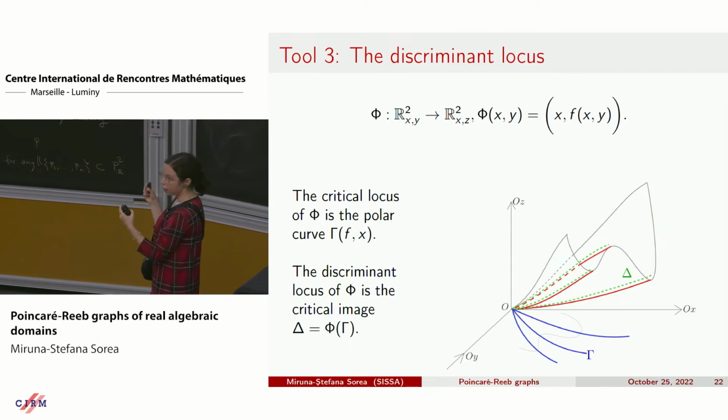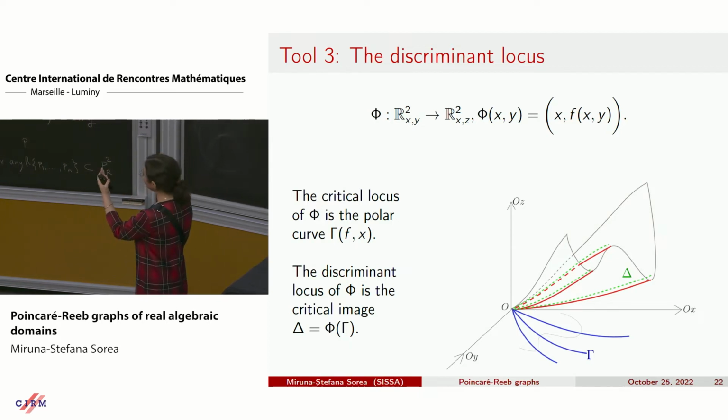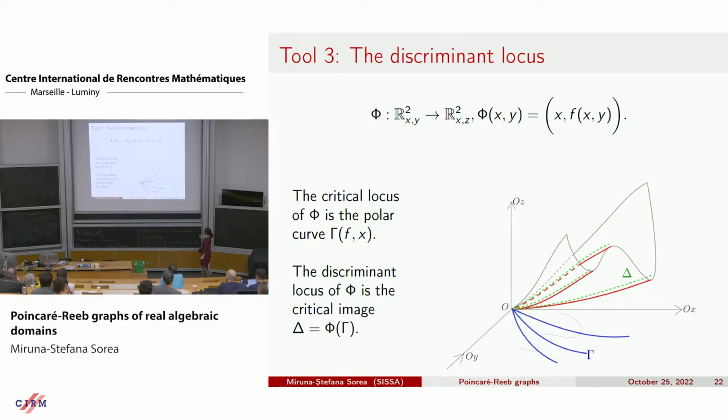When you project this graph on the vertical plane x, z, you see that a special area appears here, and this is in red. This is called usually the apparent contour of this projection. And the image of this apparent contour under this projection will be the curve delta here.